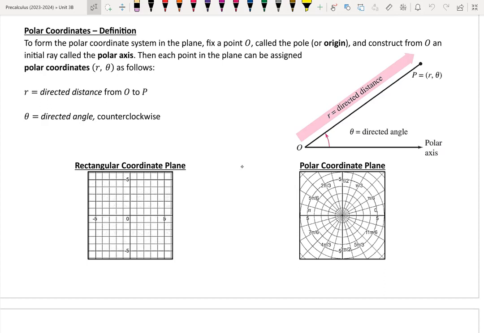The r is the directed distance from the origin to the point, and that directed distance is important. Theta is the directed angle, again talking about either a positive or a negative angle. And r can also be positive or negative, and we'll talk about what it means if it's a negative direction. What would that indicate? We'll talk about that in a moment.